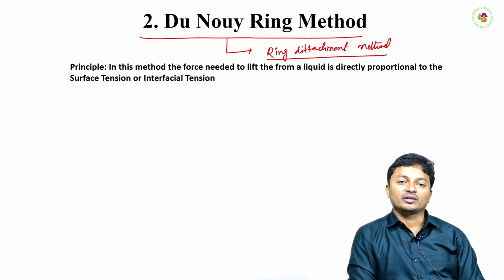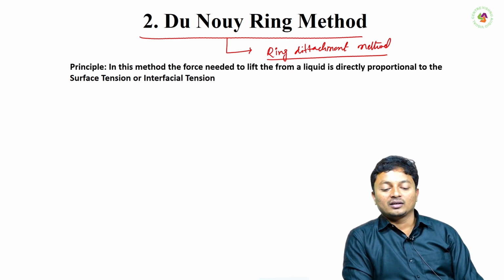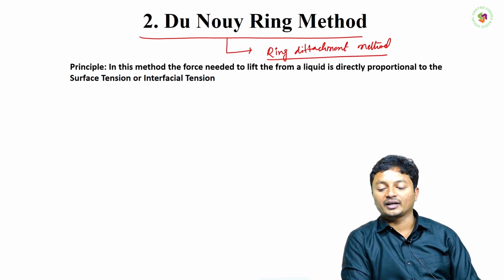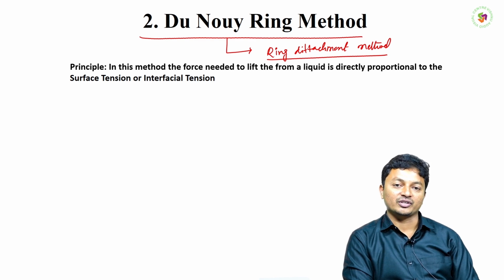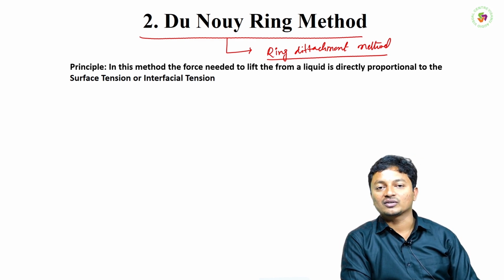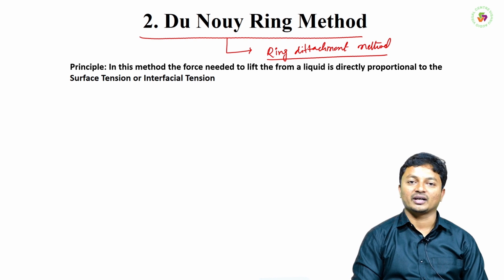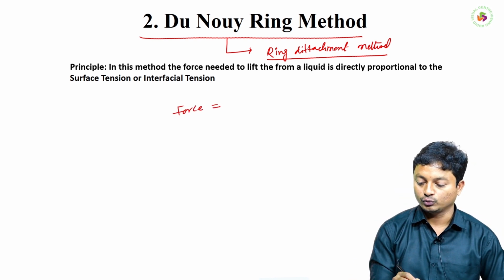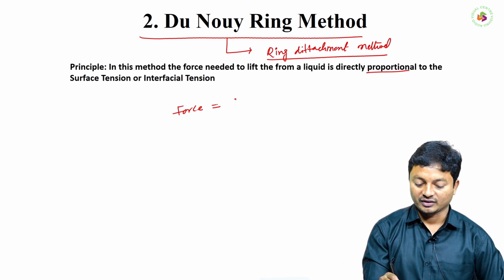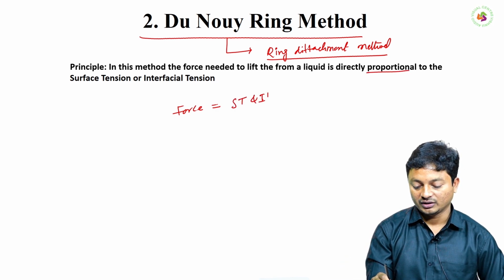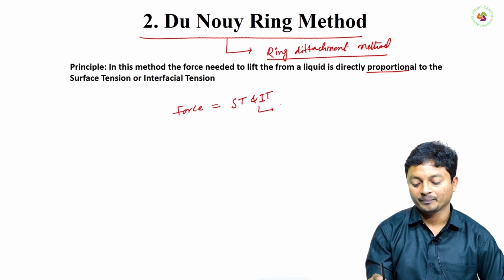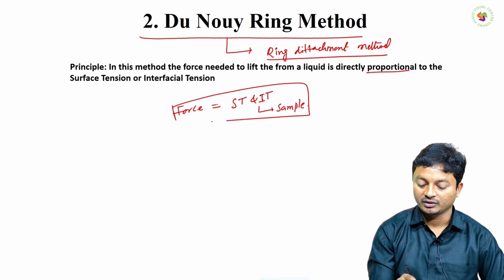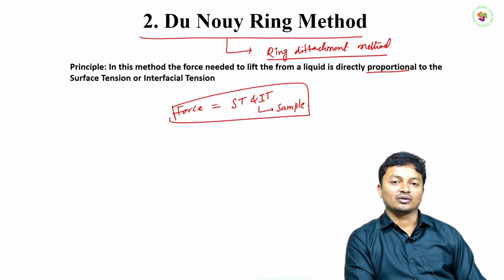In this method, the principle involved is that the force needed to lift the ring from the liquid is directly proportional to the surface tension or interfacial tension created by the liquid or sample. It is very simple to understand. Based on this principle, the Du Noüy ring method works.